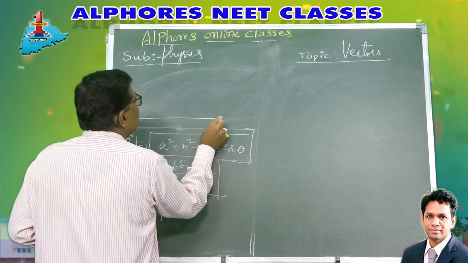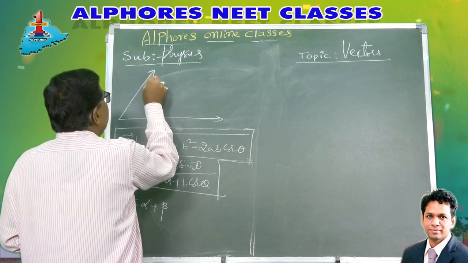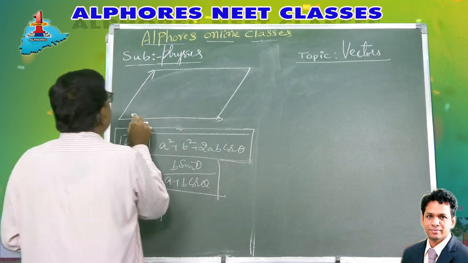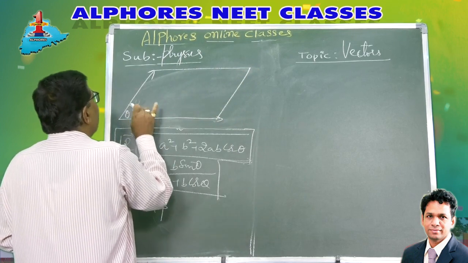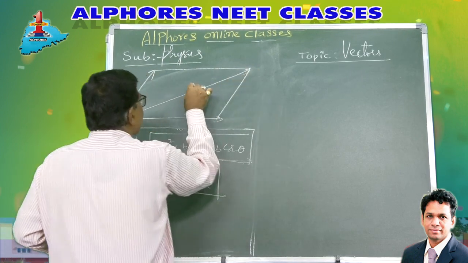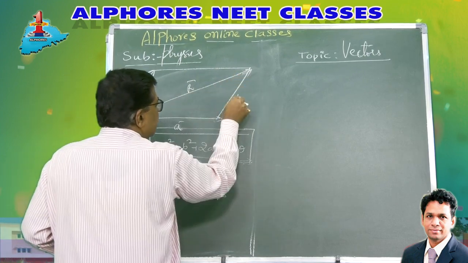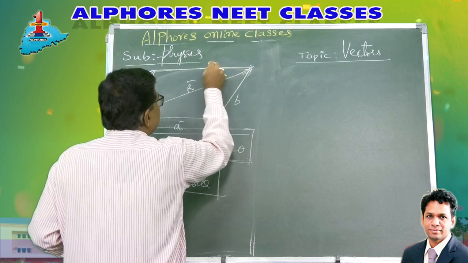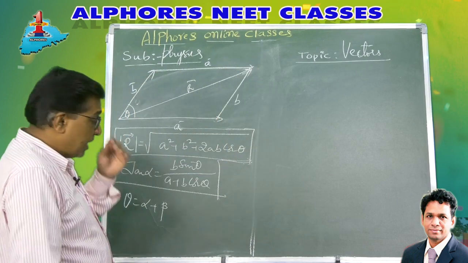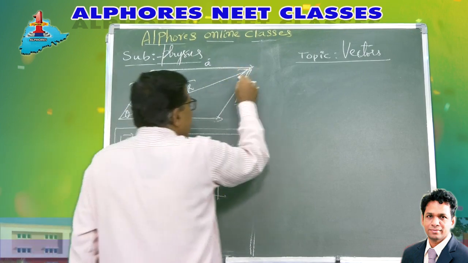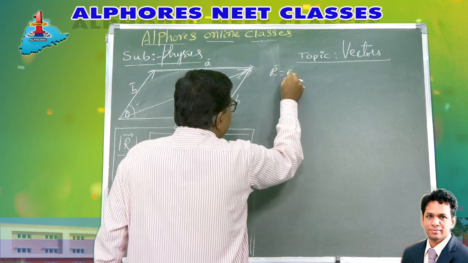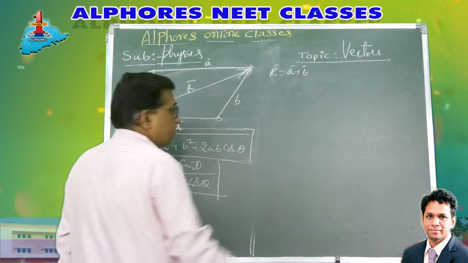So the first vector is A bar, the other vector is B bar. Complete the parallelogram. This is the angle theta and the diagonal is R bar. If this is B, of course this is also B. If this is A, this is also A. So the addition resultant is R bar equal to A bar plus B bar.